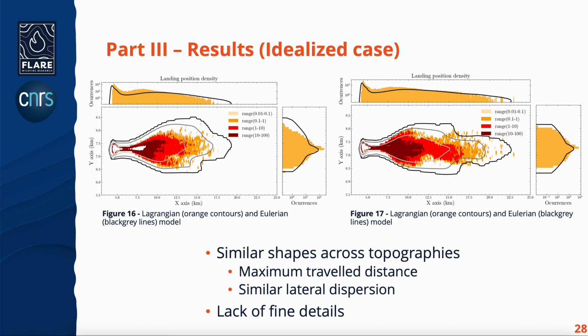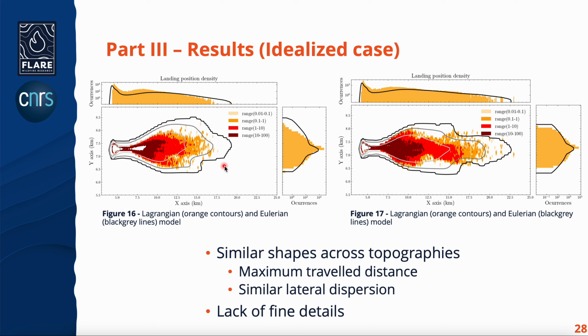So when we compare the Eulerian results, here in the black-gray contours, with the Lagrangian previous models, we see that the Eulerian model is able to reproduce the behavior with the same maximum travel distance and also the general shape of the firebrands.